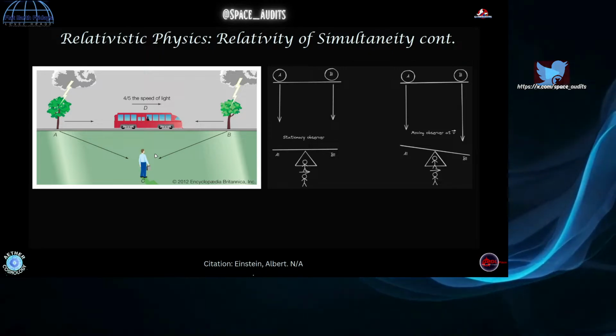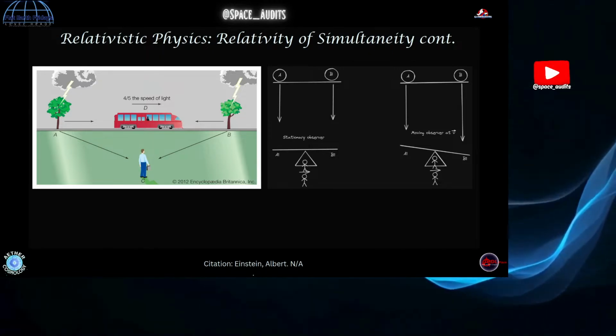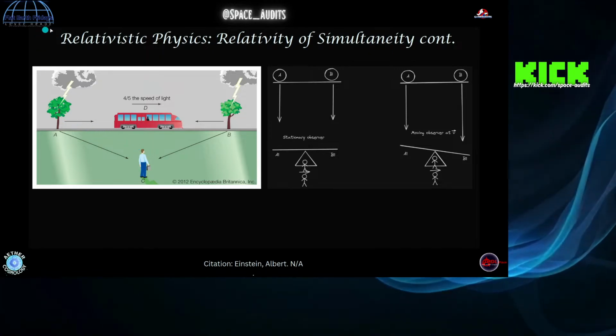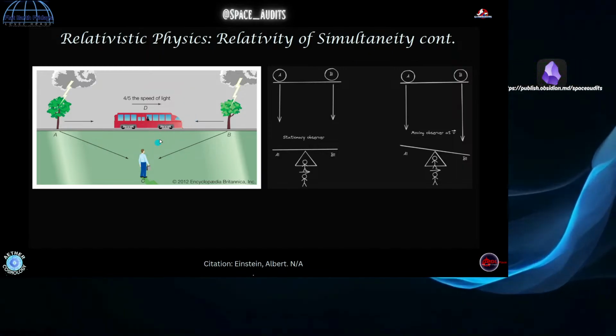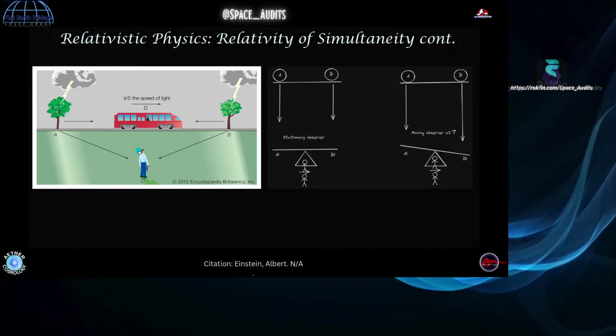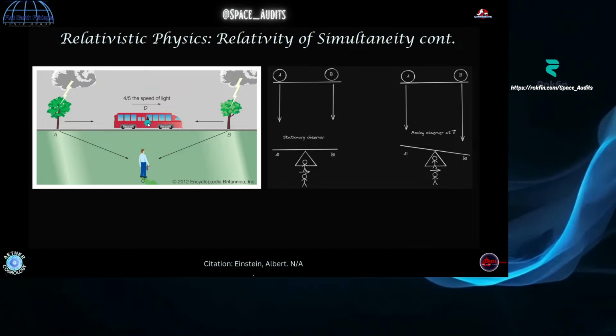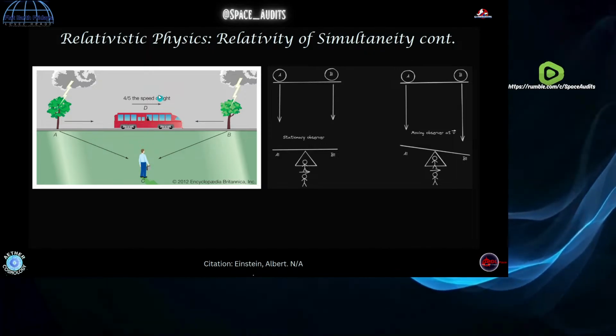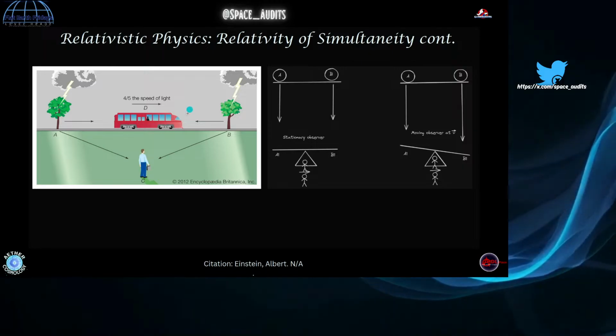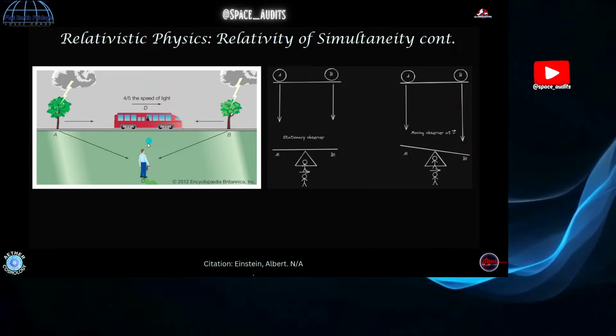And that sounds wild, right? That makes no sense. But that is what is explicitly mandated because there's no absolute simultaneity. There can't be a sequence of events for spatially separated events which is independent of the time coordinates.